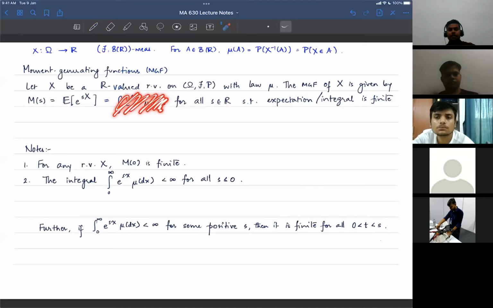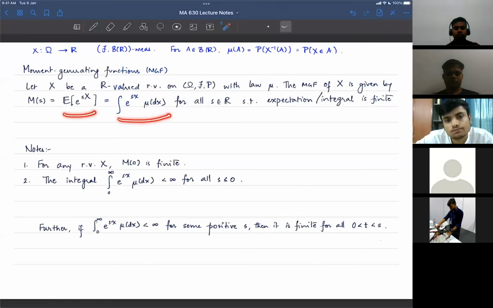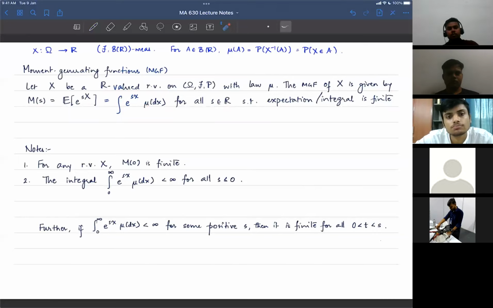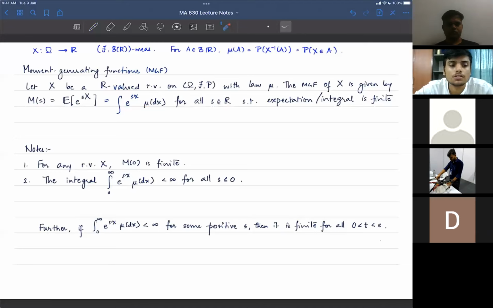Okay. Now I have given this alternate expression here. My question for you is, why is this expression and this expression giving the same answer? Come on, anyone, why are these two the same?